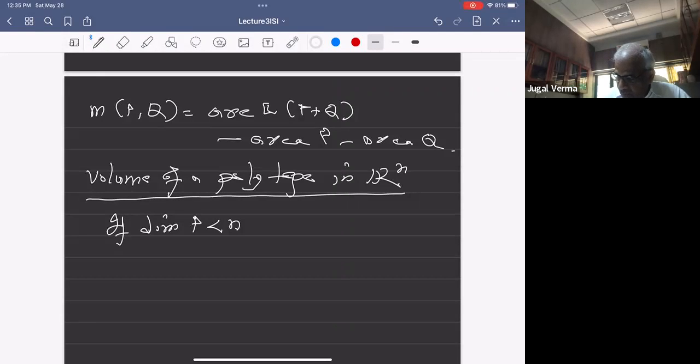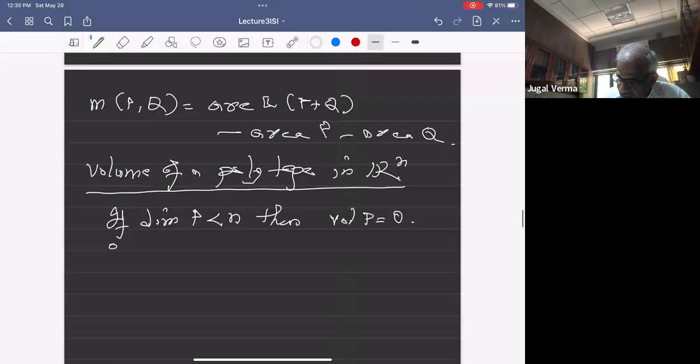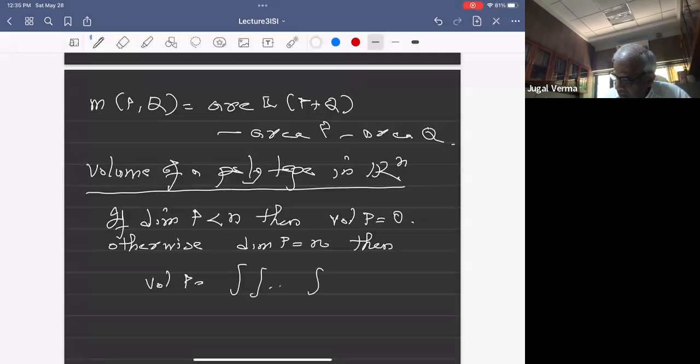So if the dimension of the convex polytope is smaller than the dimension in which the polytope lives, then we say its volume is 0. Otherwise, if the dimension of P is n, then the volume of P is given by a multiple integral over the polytope.